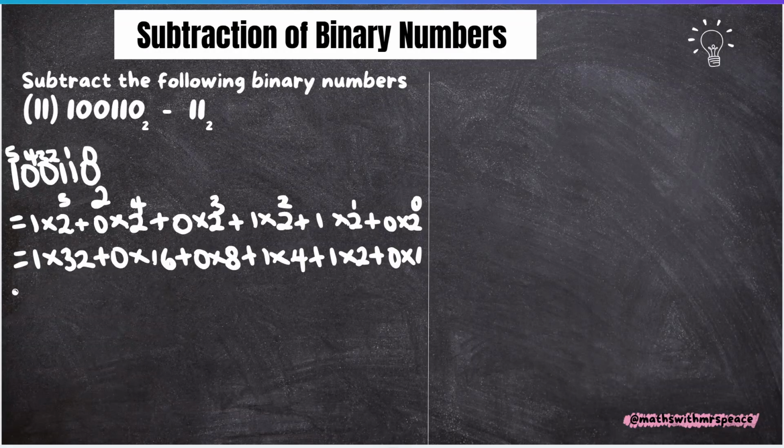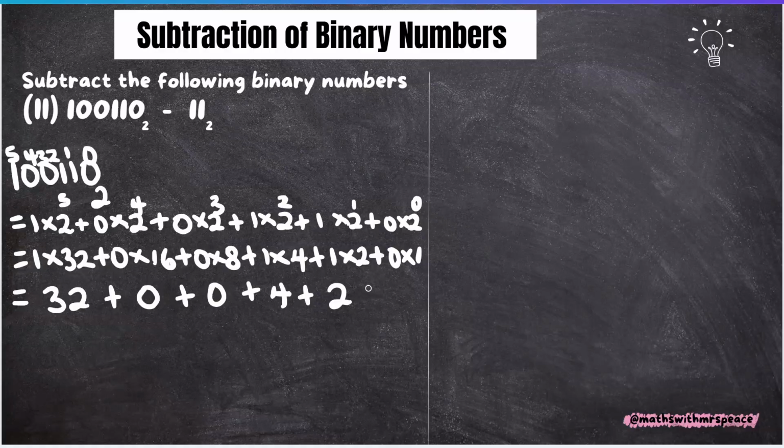Next, we're going to multiply. We have 1 times 32, which will give us 32, plus 0 times 16, which will give us 0, plus 0 times 8, which will be 0, plus 1 times 4, which will give us 4, plus 1 times 2, which will give us 2, plus 0 times 1, which will be equals to 0.